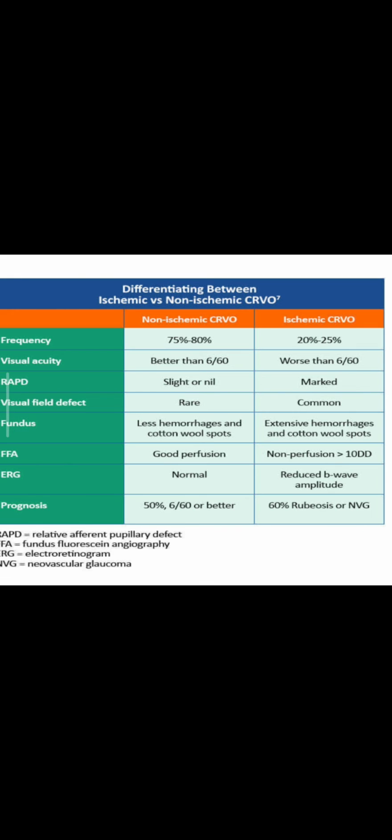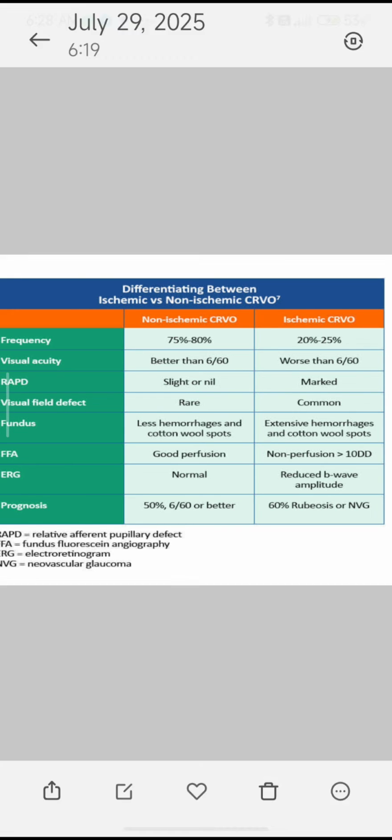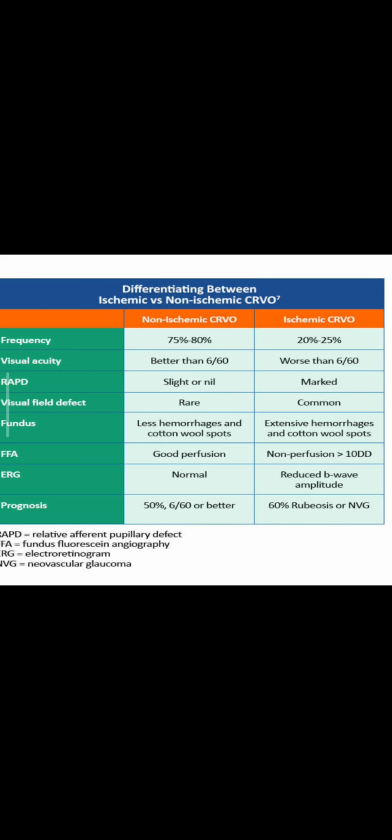Regarding the fundus picture, ischemic CRVO will have a splashed tomato appearance, whereas non-ischemic will have superficial flame-shaped hemorrhages and mild venous congestion and tortuosity.